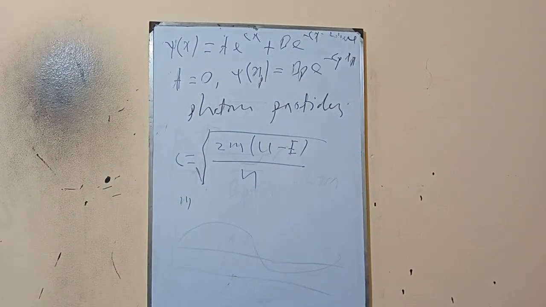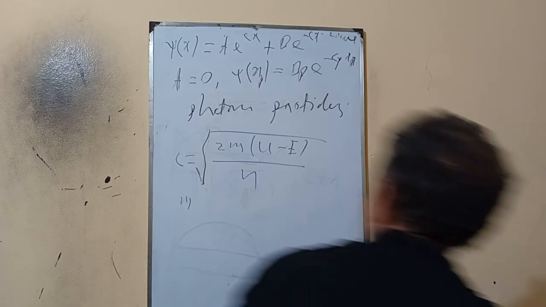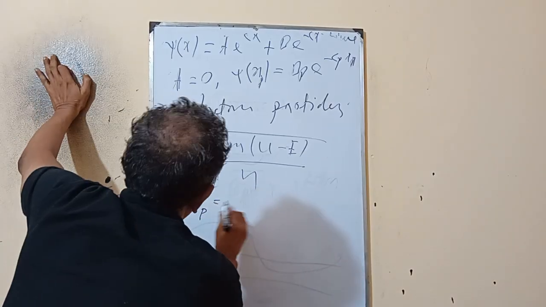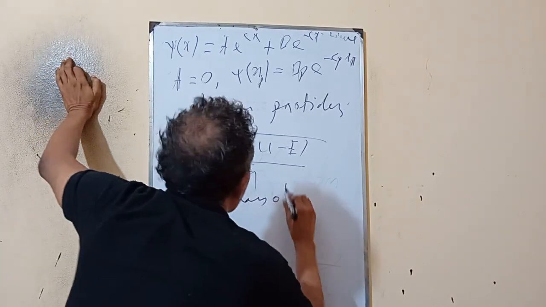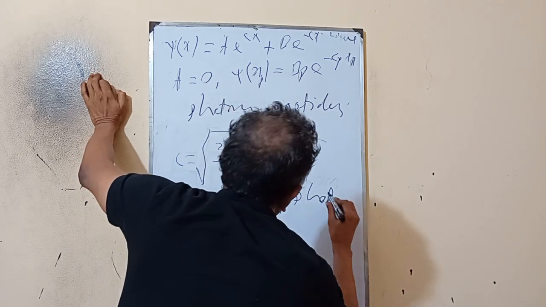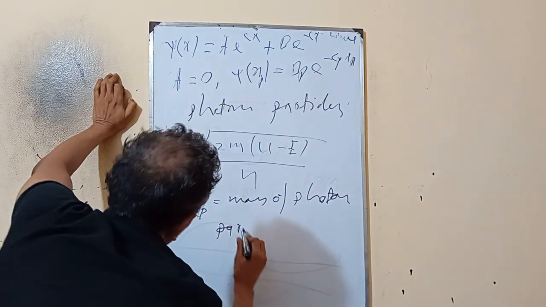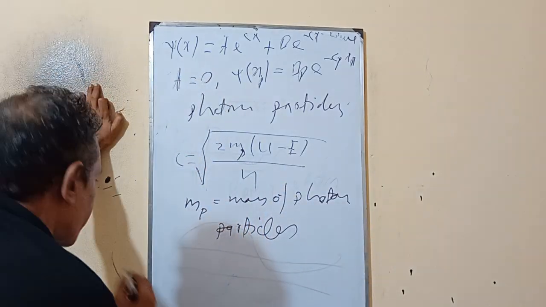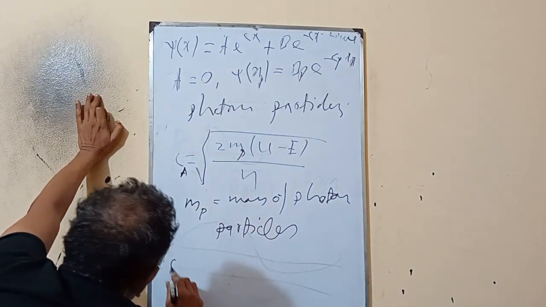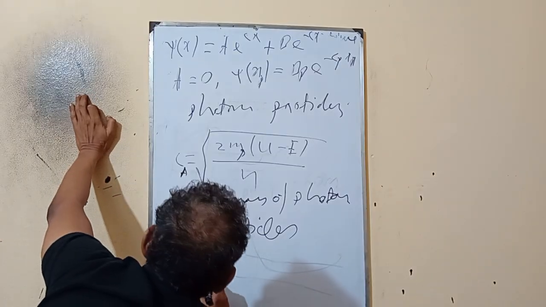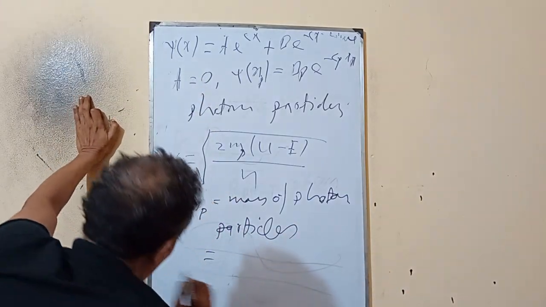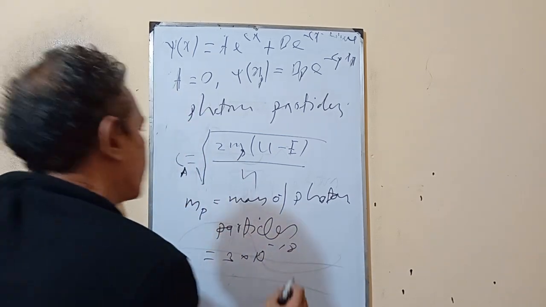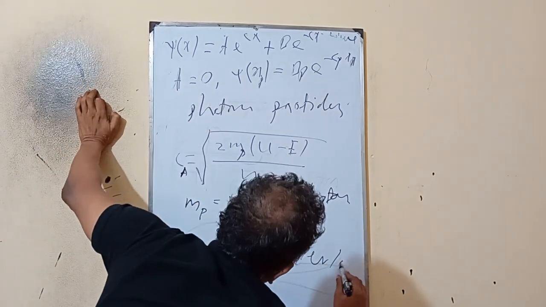M is equal to, suppose MP, mass of photon particles, and MP, suppose Cp, then Cd is equal to... suppose MP is equal to what? 3 into 10 to the minus 18 eV c square.